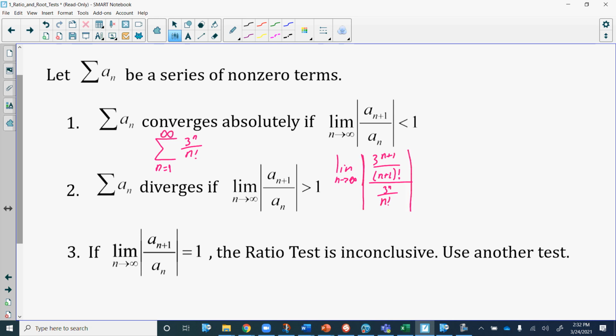So here, essentially, we're dividing two fractions, so we could also say that the ratio test can be performed this way, where we say the limit as n approaches infinity is going to be the expression a sub n plus 1 times the reciprocal of a sub n.